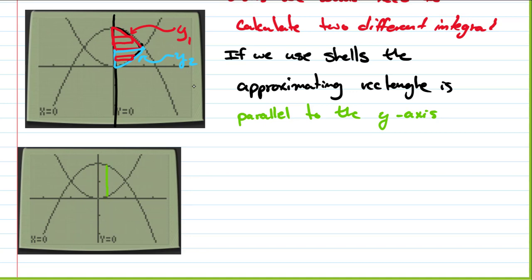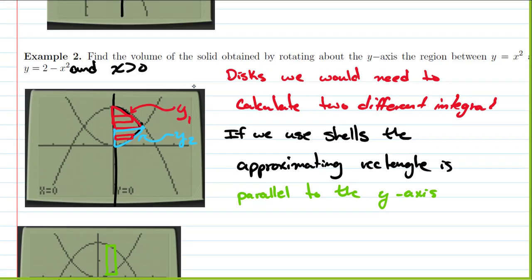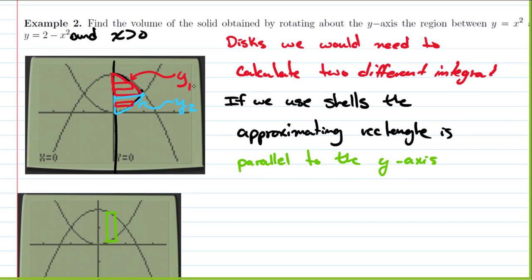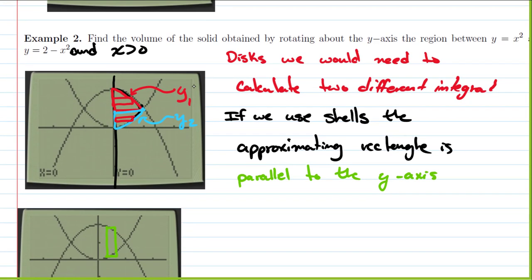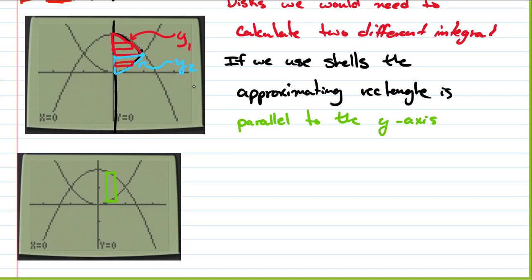So then this would be our approximating rectangle. And we could do this by having our y1 and our y2. So here's our y1, and this guy is going to be our y2.